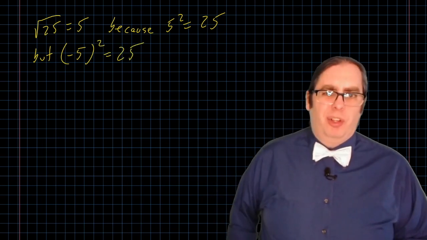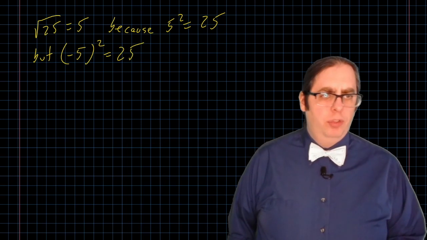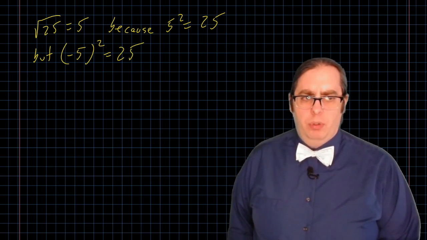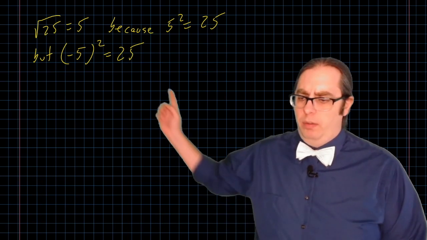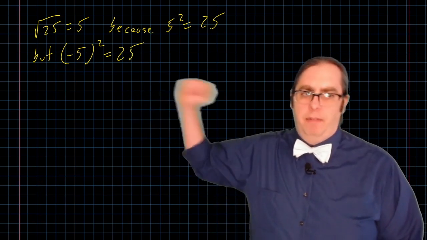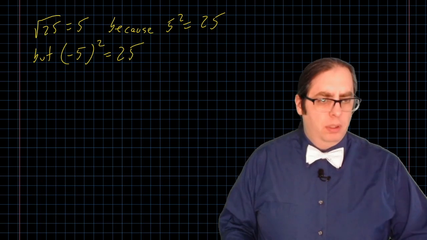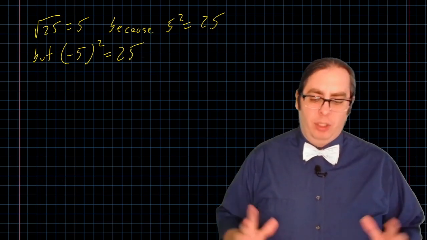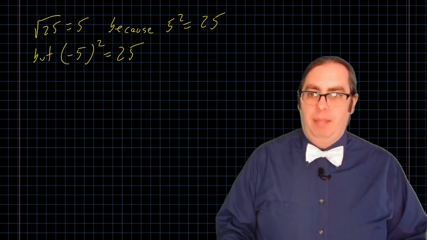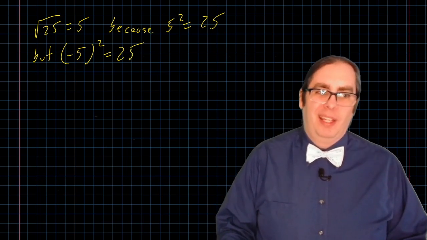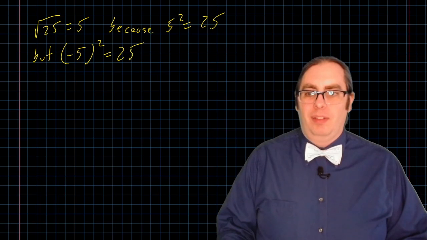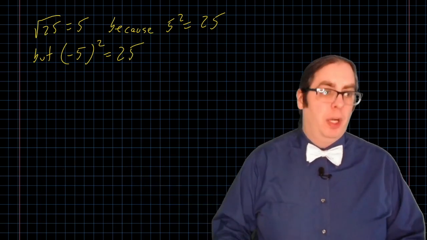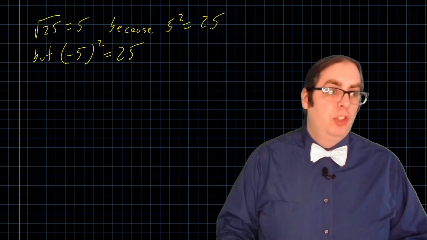But we also just learned that -5 squared is also 25. So why wouldn't the square root of 25 be -5? Well, that's a long and tedious answer. But it basically comes down to because we didn't like it. It's more convenient for most applications if the square root of 25 is positive 5 and not negative 5, so that's what we went with.